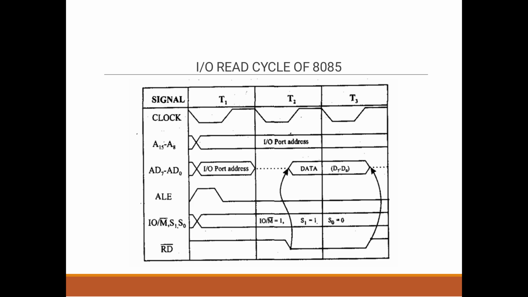ALE is high in the T1 state and low in the T2 and T3 states. Then IO/M bar is equal to 1, S1 equal to 1 and S0 equal to 0. The read bar signal is active high in the T1 state and active low in the T2 and T3 states.